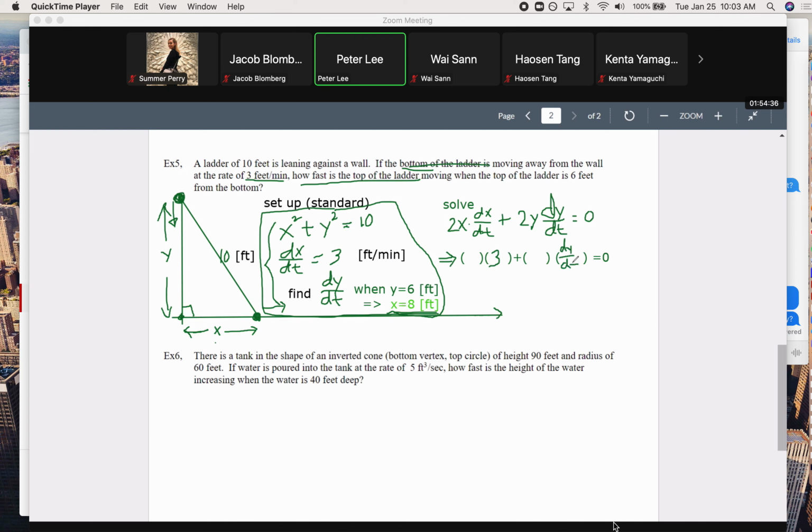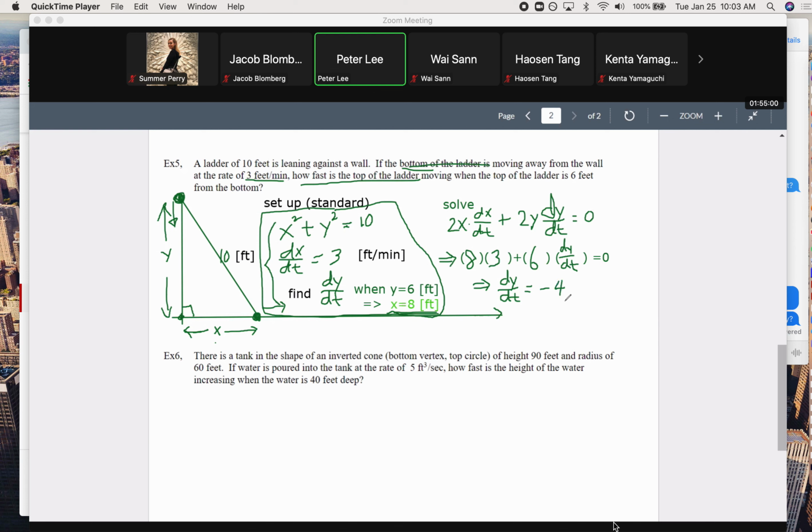And then for x and y, you have the time condition. y equals 6, and then x must be 8. So you can see here, dy/dt is minus 24 divided by 6, and that will be minus 4.